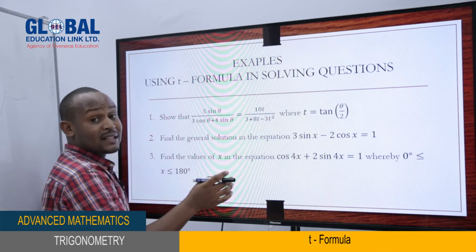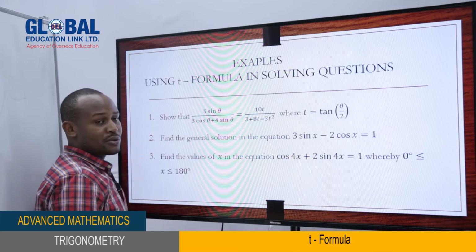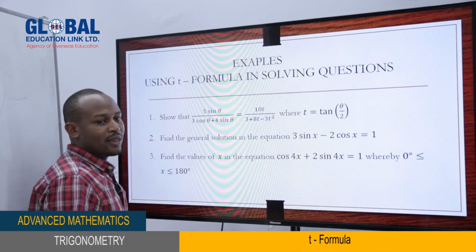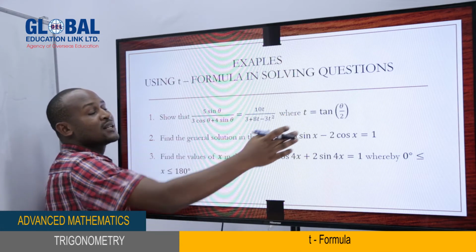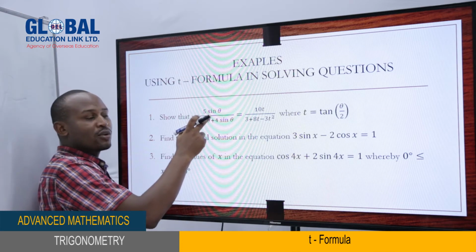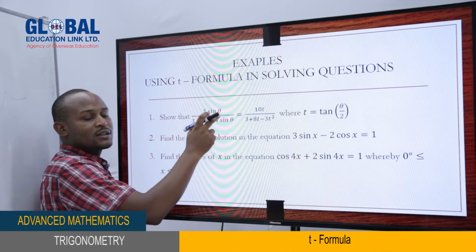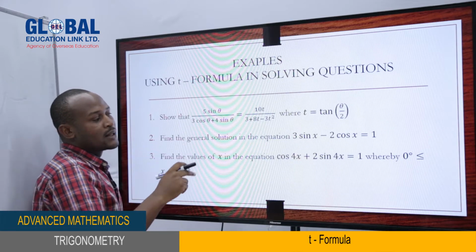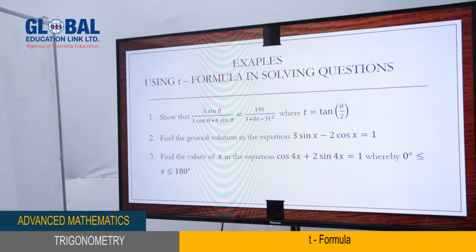Show this is equal to that, then you just understand that the T formula was used. But also it is written like that, so you know clearly that you are going to use the T formula. That means you are supposed to understand the value of sine theta and cos theta in the T formulas. So let's see how we can do that.